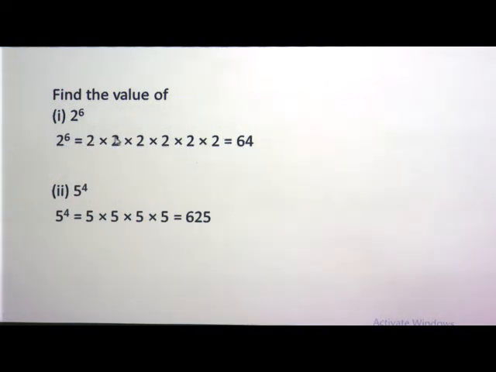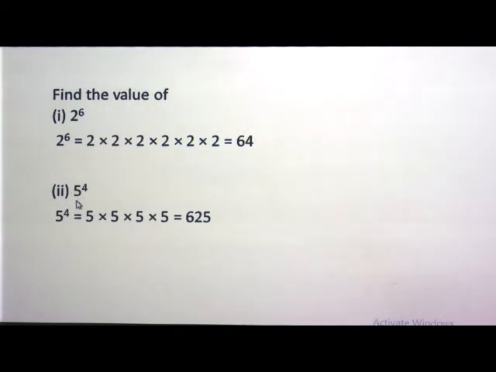So, 2 multiplied by 2 multiplied by 2 multiplied by 2 multiplied by 2 multiplied by 2, 6 times. Multiply this as 2 2s are 4, 4 2s are 8, 8 2s are 16, 16 2s are 32, and 32 2s are 64. So, we found the value of 2 raised to the power of 6.